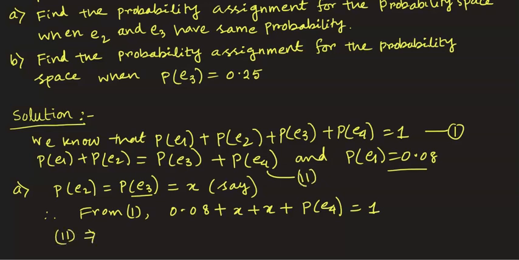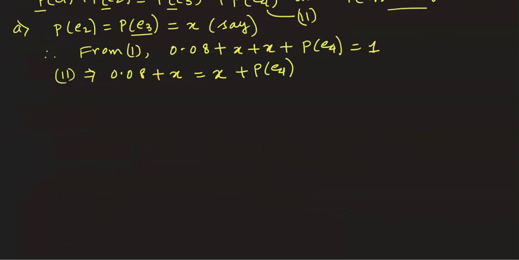From 2 we get probability of E1 is 0.08 plus probability of E2 is x, we have supposed it, and probability of E3 is also x plus probability of E4. Let this be equation 3 and this is equation 4.